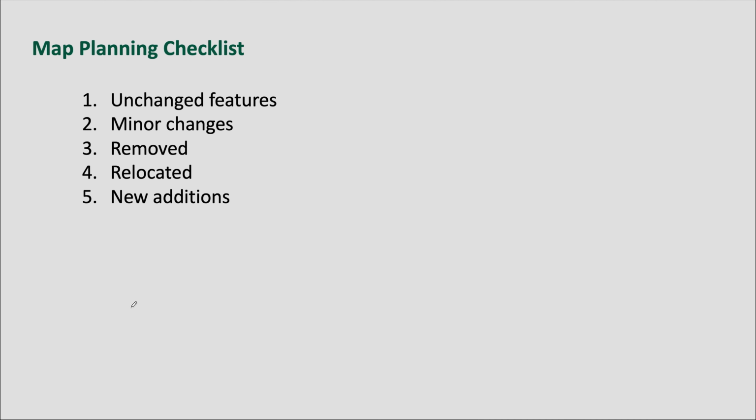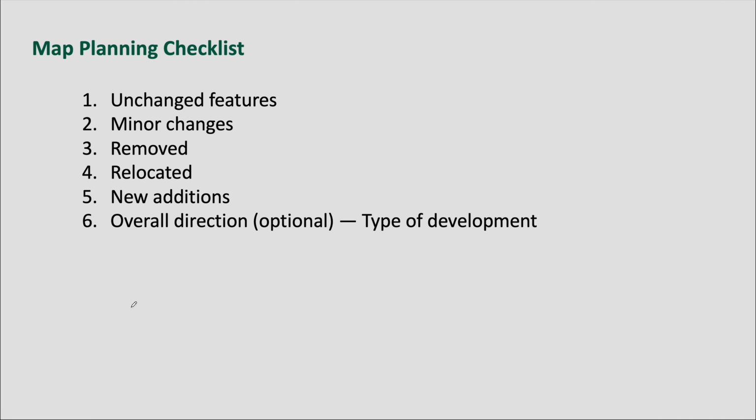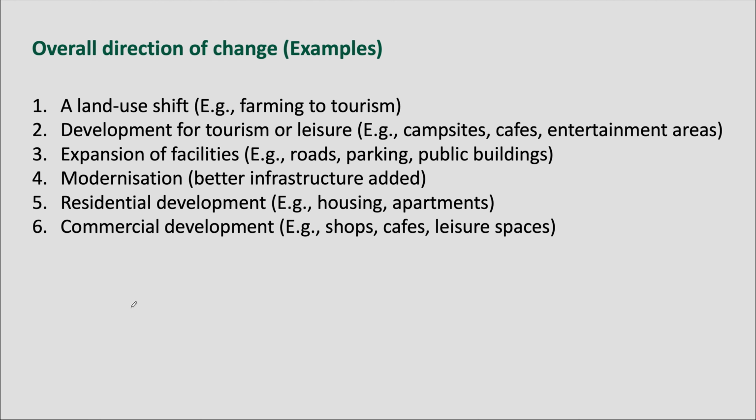If several new features are of the same type, such as parking areas or buildings, group them together in your description. Finally, notice if there is an overall direction of change. In map questions, this could be a land use shift, for example, farming to tourism, or it could be development for tourism or leisure, such as campsites, cafes, or entertainment areas.